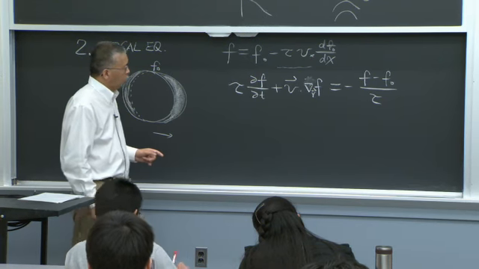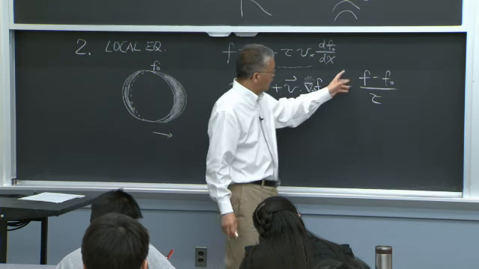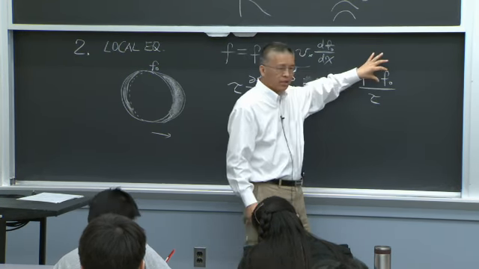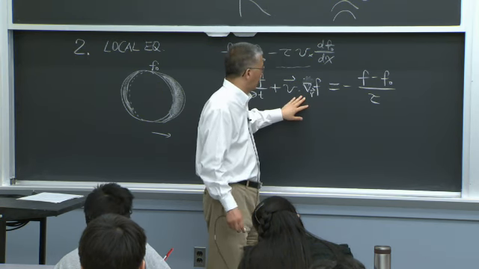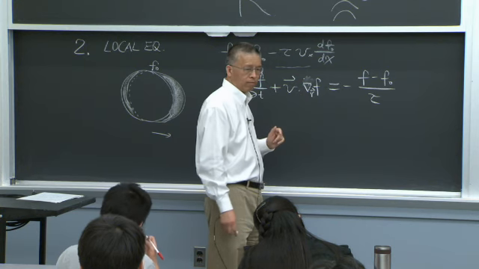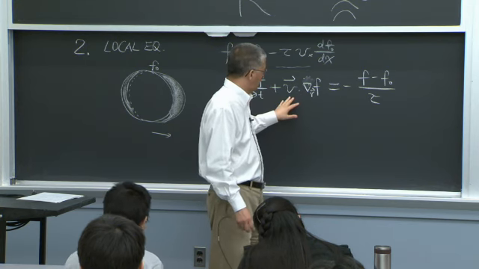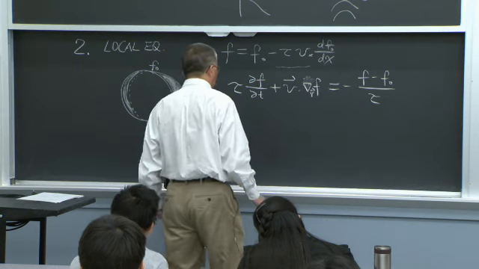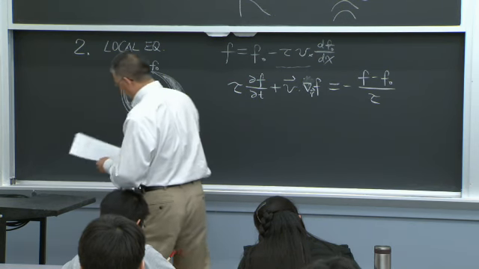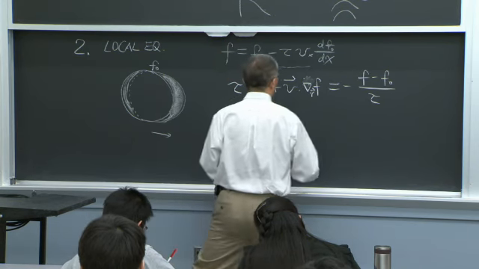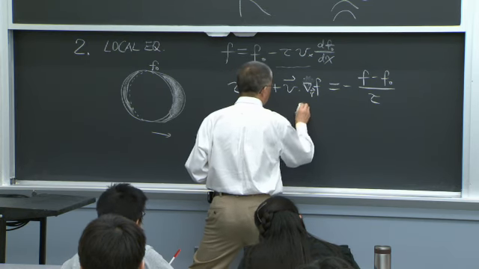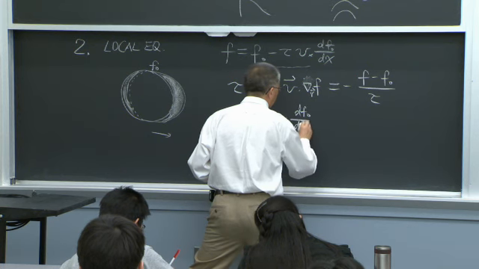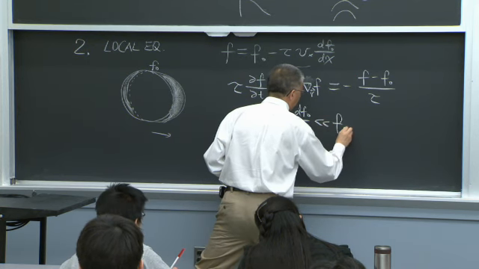What I want is f minus f0 to be small compared to f itself. So the condition is tau v_x df0/dx must be much smaller than f0.